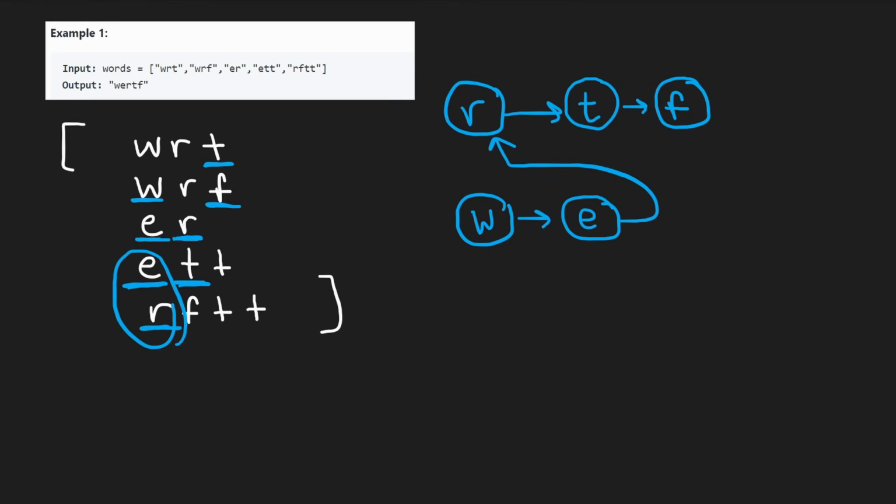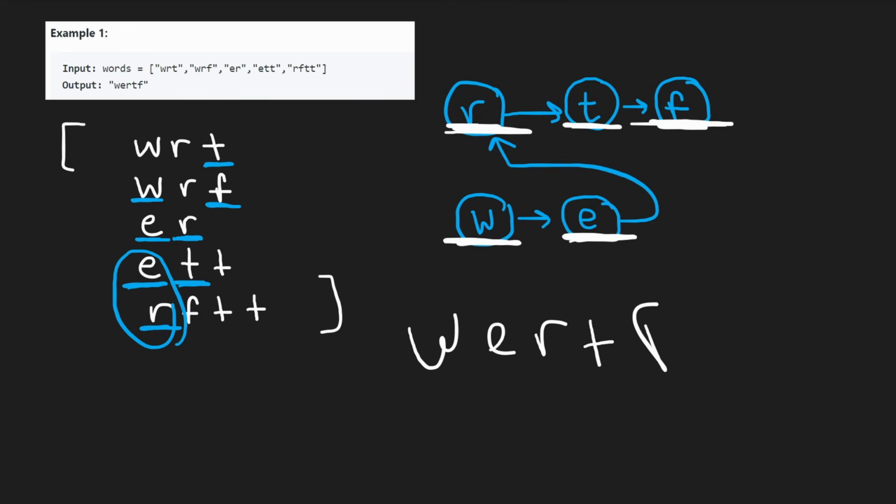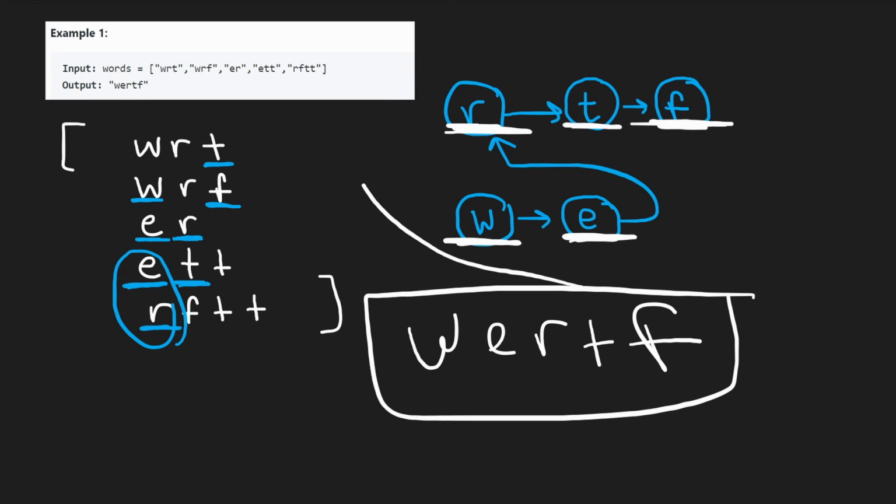Then all we need to do is now traverse this graph. Now in this example, it's pretty straightforward, right? Clearly we see that the order is non-ambiguous, right? We're going to start with a W, then E, then R, then T, then F, and that's going to be the entire order, and you can see that this order is also in the output that they gave us in this example. So this matches up pretty easily.